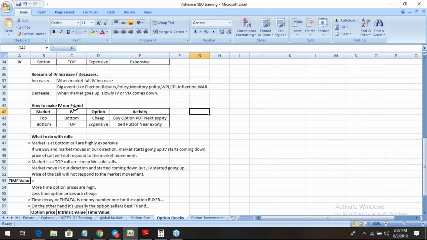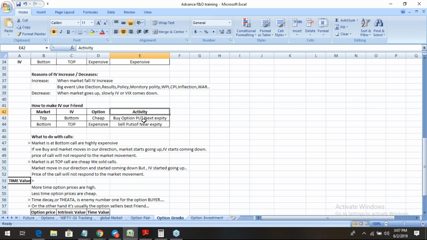So how do we make IV our friend? This is again a chart, right? If the market is on top, your IV is at the bottom, and your options are almost cheap. What activity do you have to do?